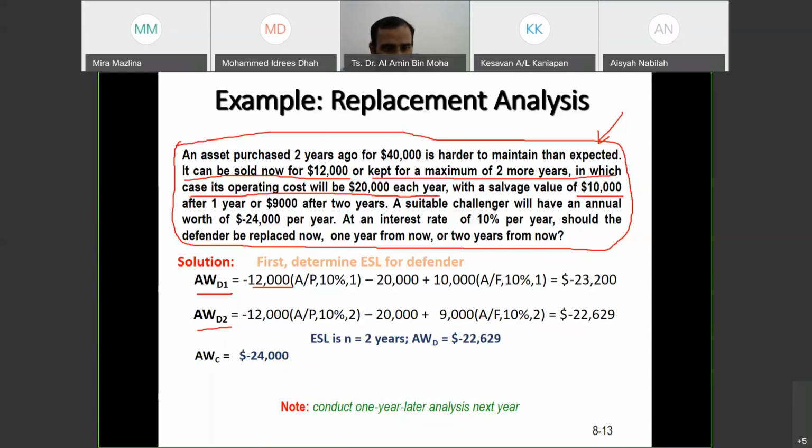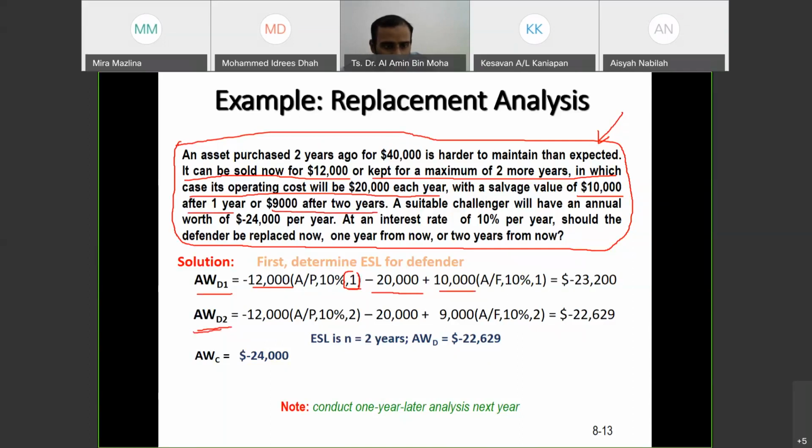We calculate the AW for D1 for year 1 here, minus 20,000, and then plus 10,000 salvage value.